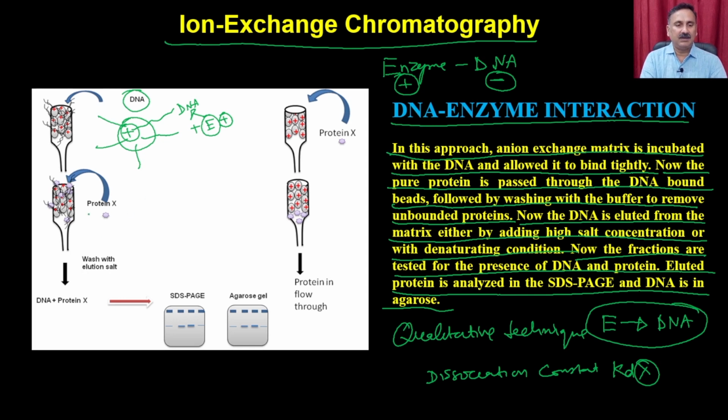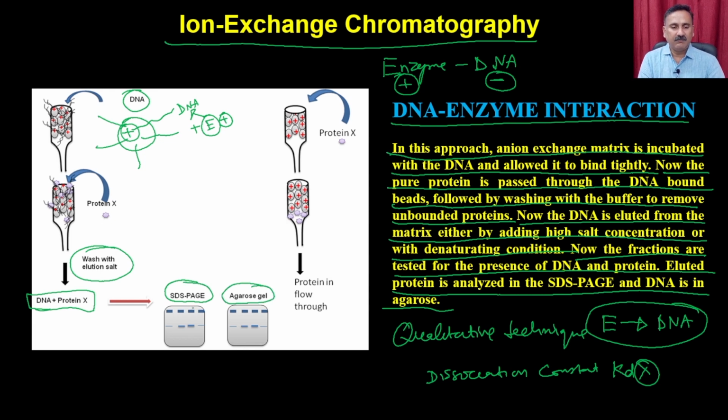As a result, the enzyme is bound to the DNA. Then you elute with high salt. In the presence of high salt, the DNA is eluted from the beads, and that's how you get the DNA-protein complex eluted. And when you analyze this, it goes onto an SDS-PAGE and an agarose gel.